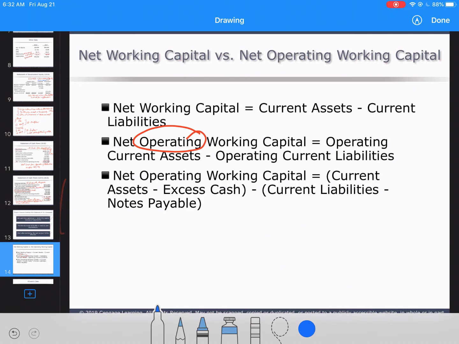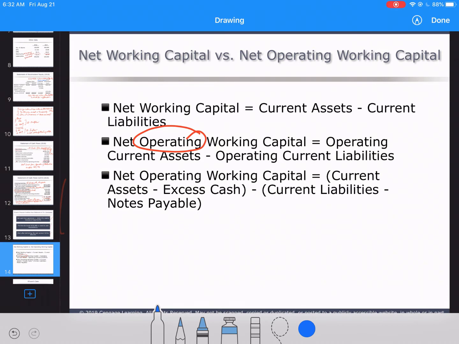So the next thing is, after doing the statement of cash flows and drawing your inference that this company is not doing well, therefore its stock price will decline, you say, well, let us now look at operating working capital, because operation is the lifeblood, as I mentioned before. You know net working capital, which is current assets minus current liabilities.